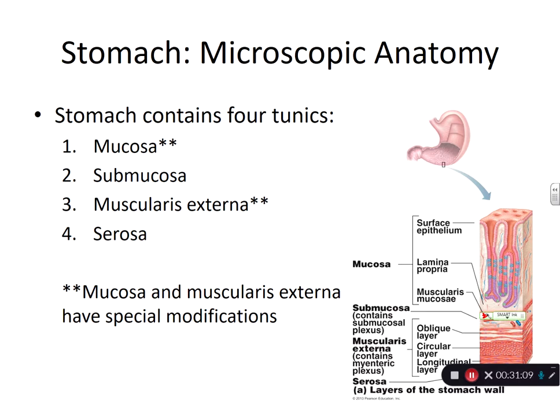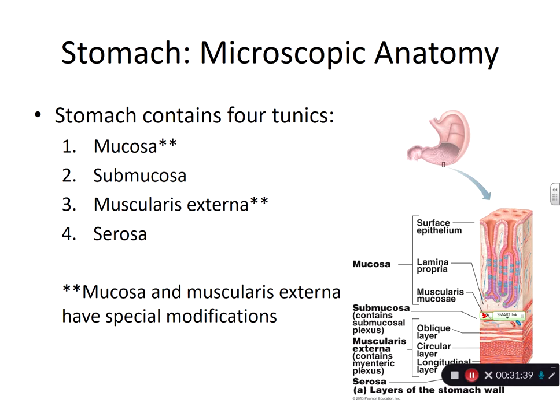However, in the stomach, because it's filled with gastric juice, and what's the pH of gastric juice? 1. Super low. Because it's filled with this really low pH solution, there are some modifications to some of these layers. So the only thing I'm going to talk about in these layers is just the two that have the modifications, okay? And those are the two that I starred. So I'm going to mention the mucosa a little bit and talk about how the mucosa, the lining of the stomach, is different from the lining of the esophagus.